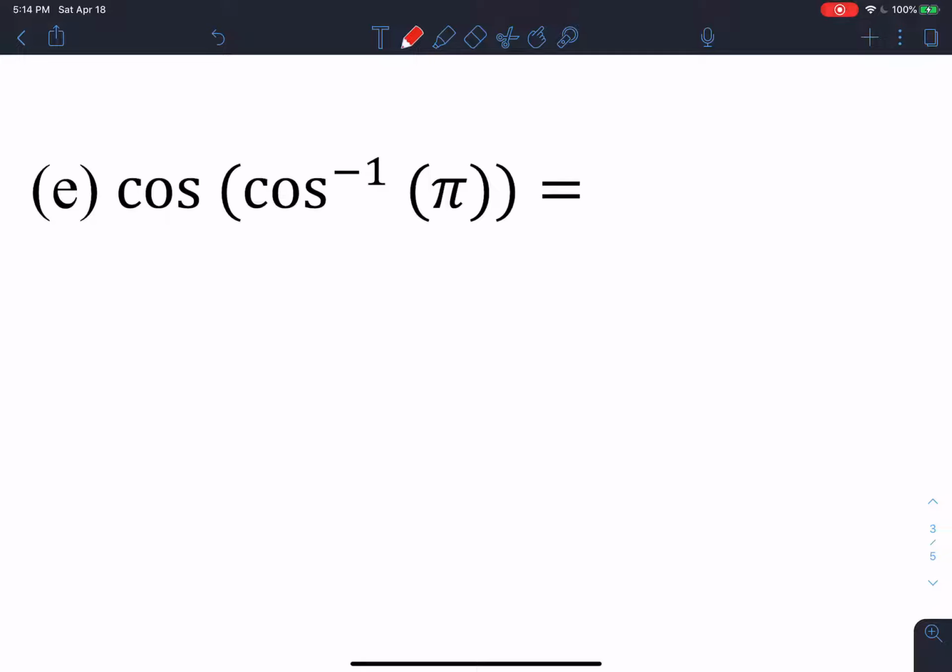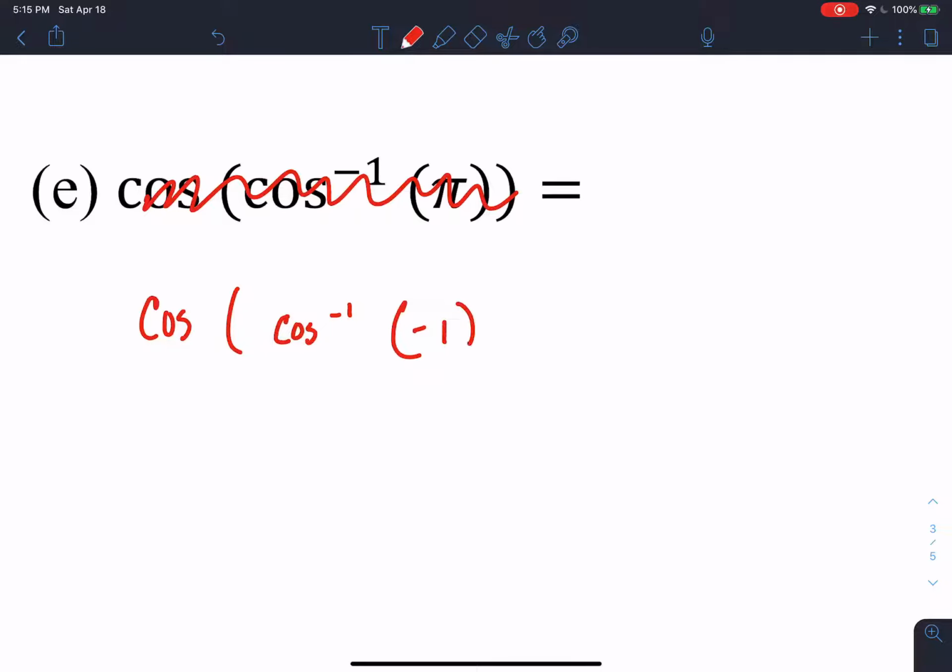All right, so cosine of inverse cosine of pi. Okay, I think I typed this wrong, so I'm going to change this. So I have cosine of inverse cosine of negative 1.